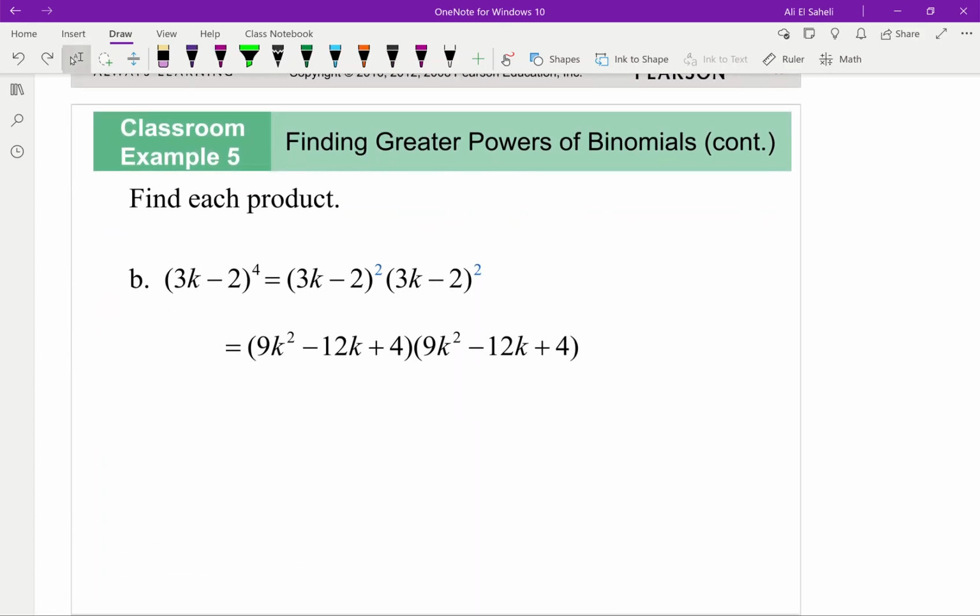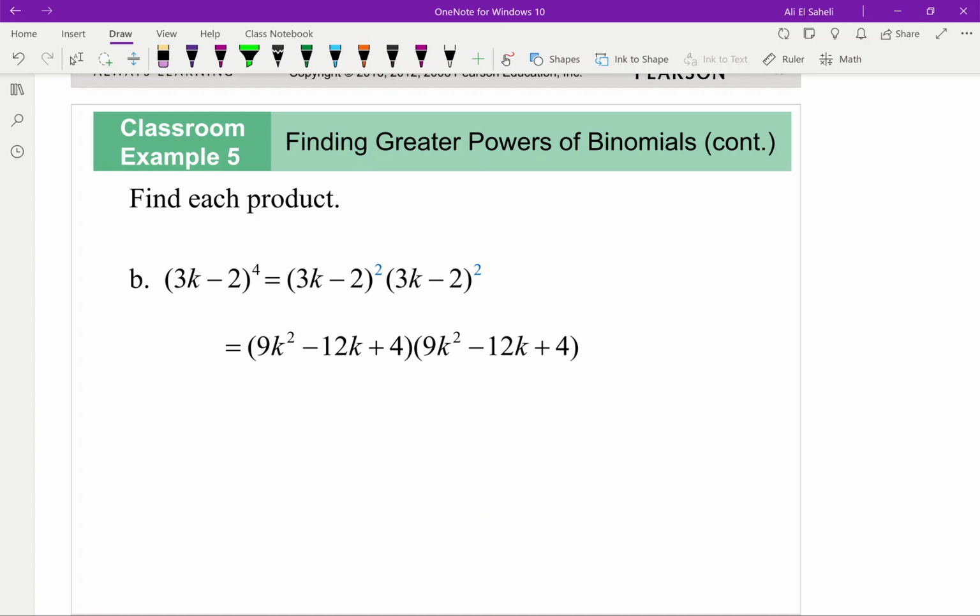To the power 4 is done in a similar way. Okay, so let's say you have a to the power 4. This is the same as a to the power 2 times a to the power 2. A in this case is all of this. So a to the power 4 is a squared times a squared.